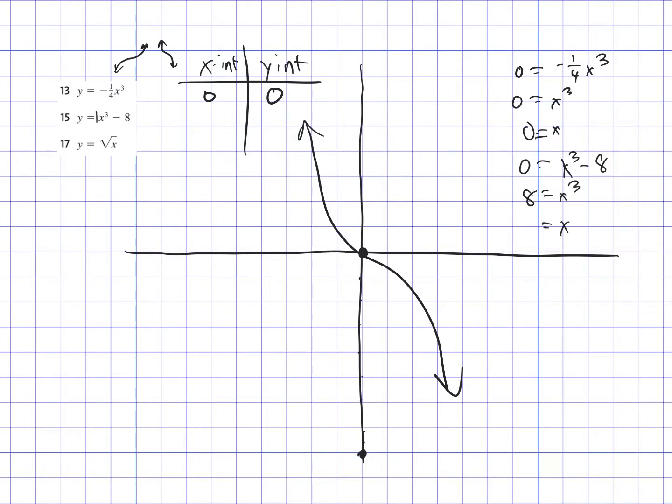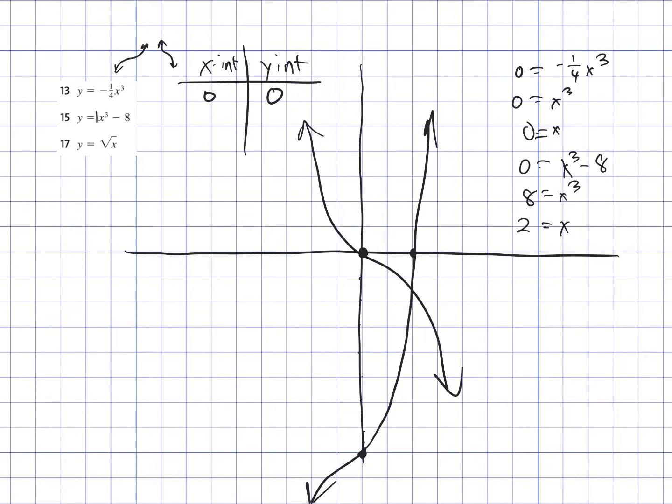So the cube root of 8 is 2. So when y is 0, x is 2. So that tells me this is going like this and then like that. It is symmetrical. And if you plug a 0 in for x, obviously you're going to get negative 8.